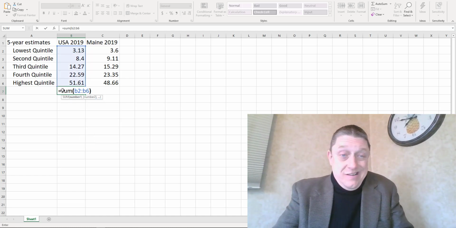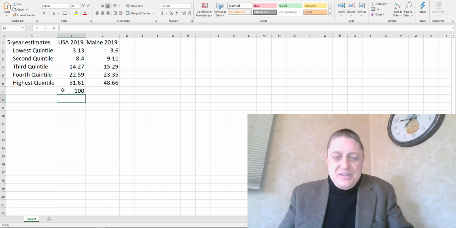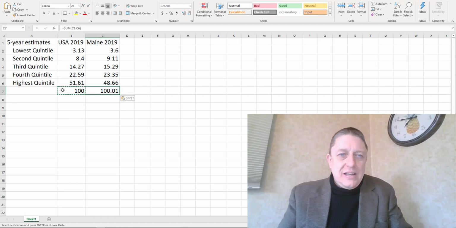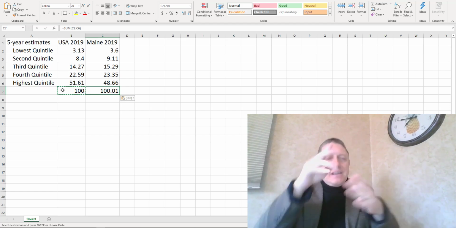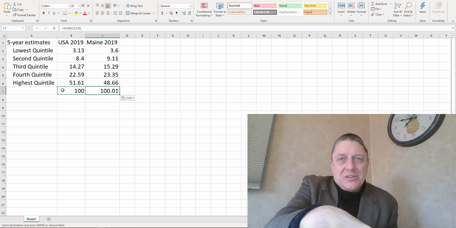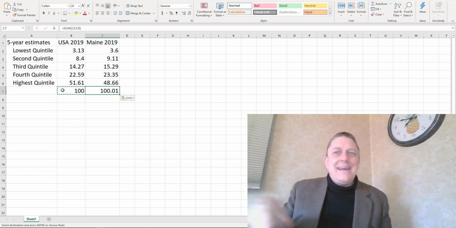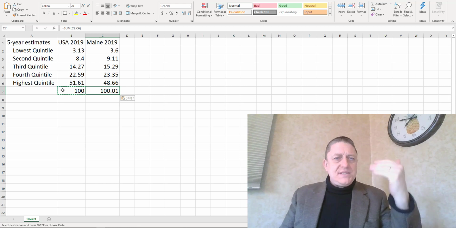It highlights it so we know that we got the right range. Hit return, it sums to 100%. That's how we know that this is a percentage. That, and also looking at them. Occasionally, you get something like 100.01% because these are rounded numbers, right? And every once in a while, because of rounding error, you get 0.01 at the end, but it's essentially fine for you to make large-scale comparisons here.